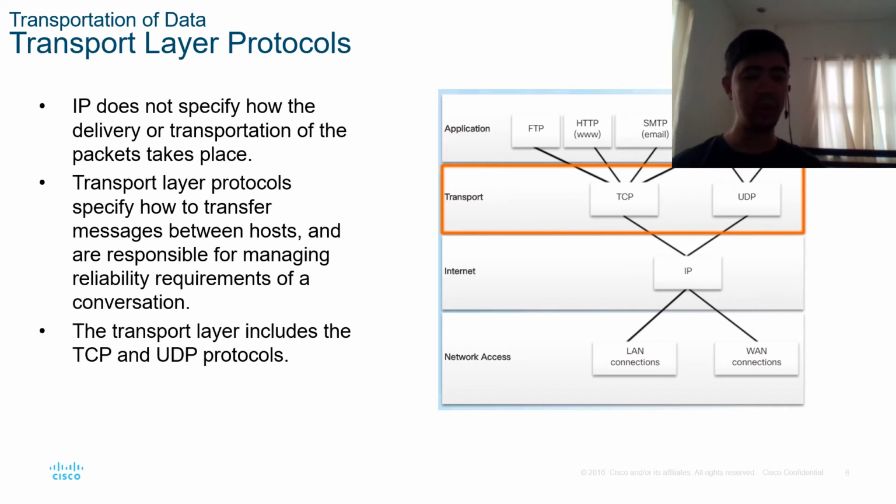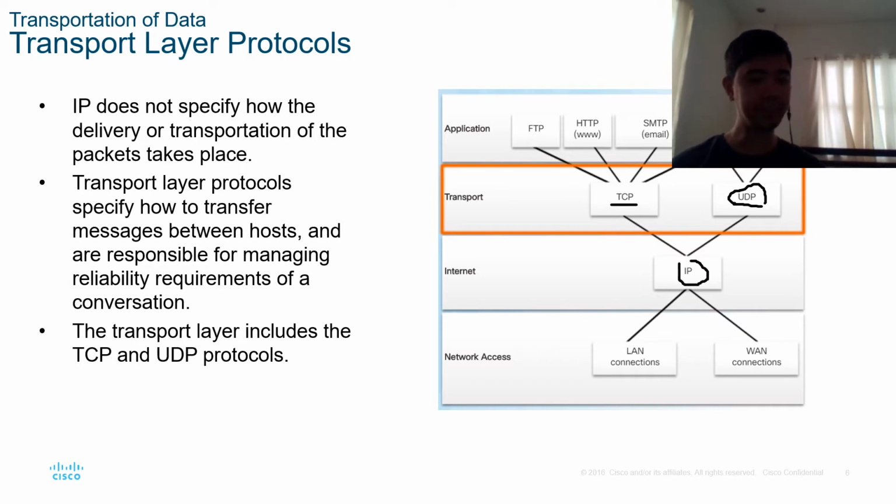There are two main protocols or components inside the transport layer, and these are TCP, Transmission Control Protocol, and UDP, User Datagram Protocol. There are specific application layer protocols that use TCP, and there are application layer protocols that use UDP. You need to take note of that. IP supports both TCP and UDP.